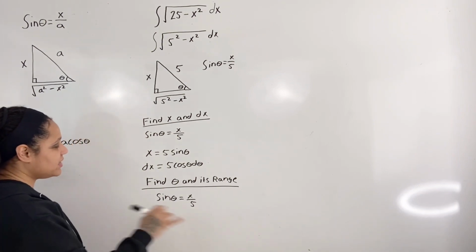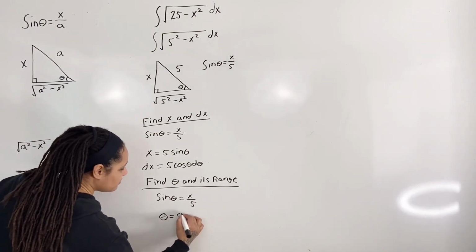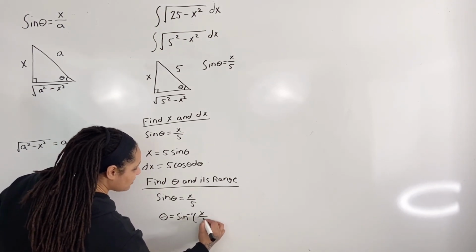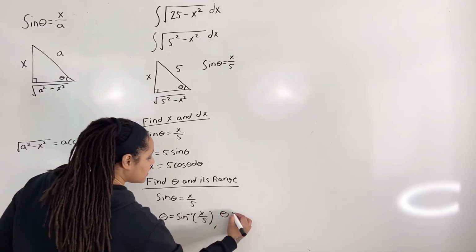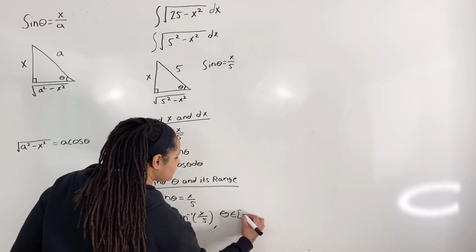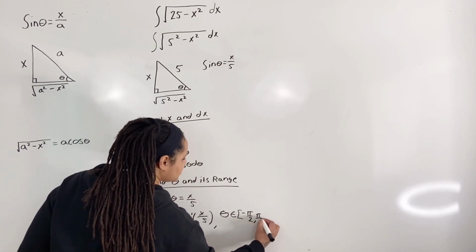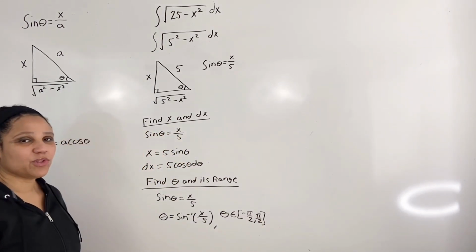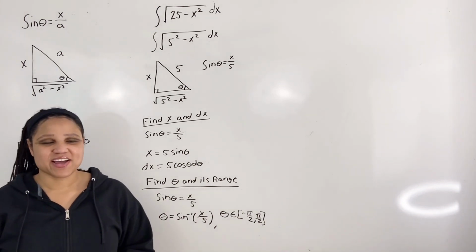And when I take the inverse of both sides, we get that theta is equal to sine inverse of x over 5. And theta belongs to the interval between negative pi over 2 and pi over 2. So knowing the restrictions of theta will help us rewrite the integrand.